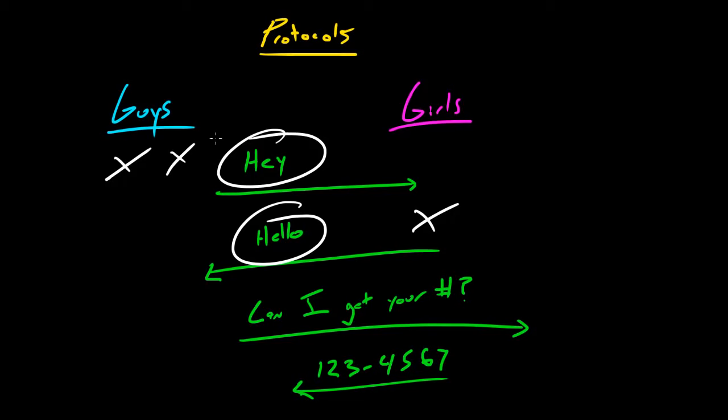That would be very confusing for both parties, and it would just be really weird. So without following these basic rules: one, one person talks at a time. Two, when a guy talks, a response from the girl is expected. And three, specific messages receive specific responses.